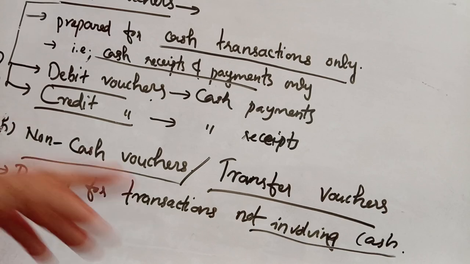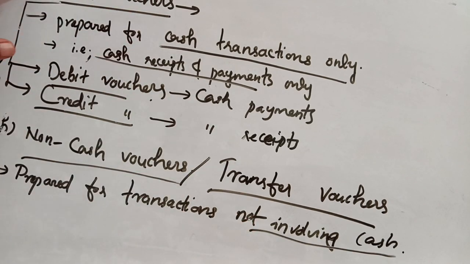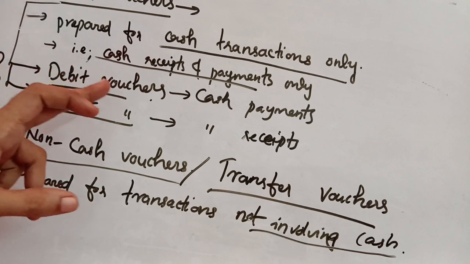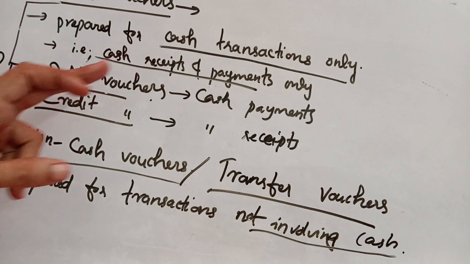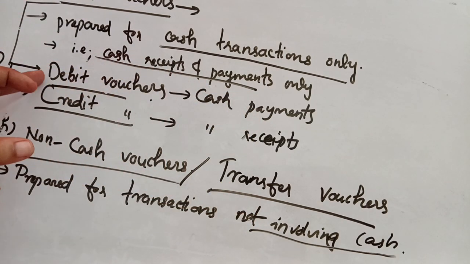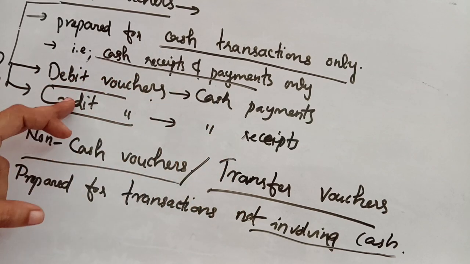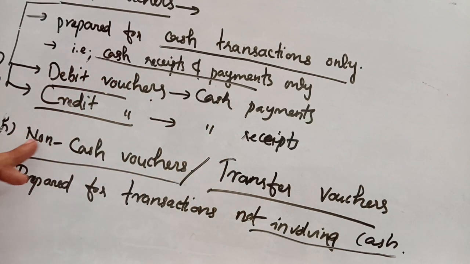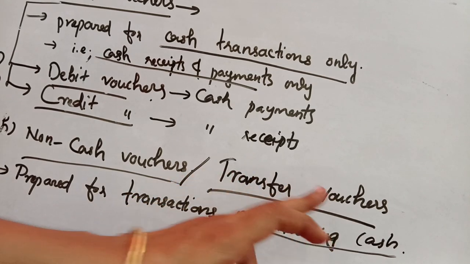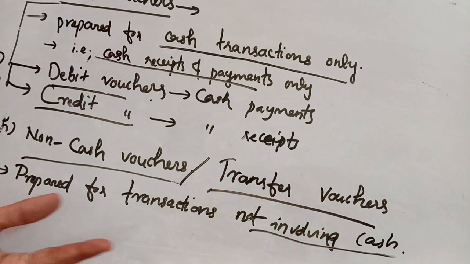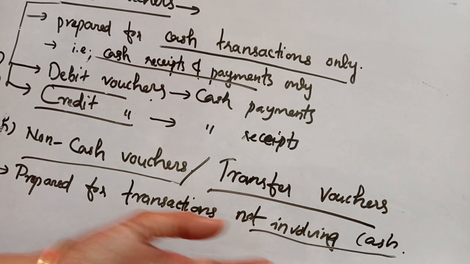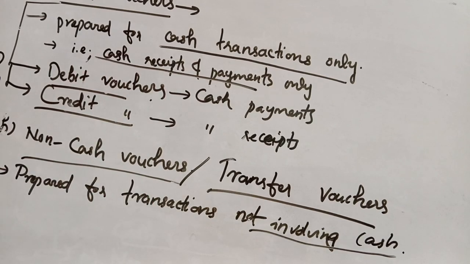We already discussed that if it involves cash, it is called a cash voucher, which is further classified as a debit voucher and a credit voucher. For cash payments we prepare a debit voucher as the evidence, and for cash receipts we prepare a credit voucher. Non-cash vouchers, otherwise called transfer vouchers, are prepared for transactions not involving cash.